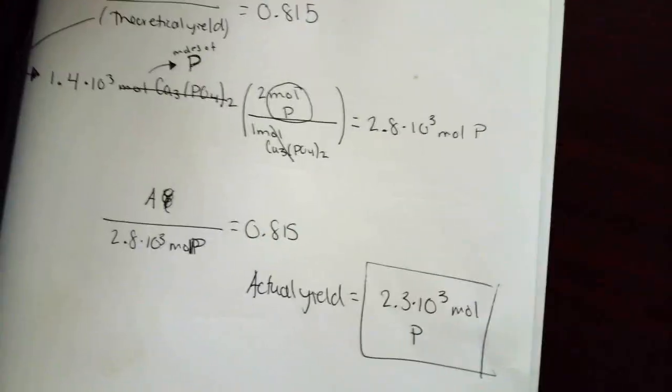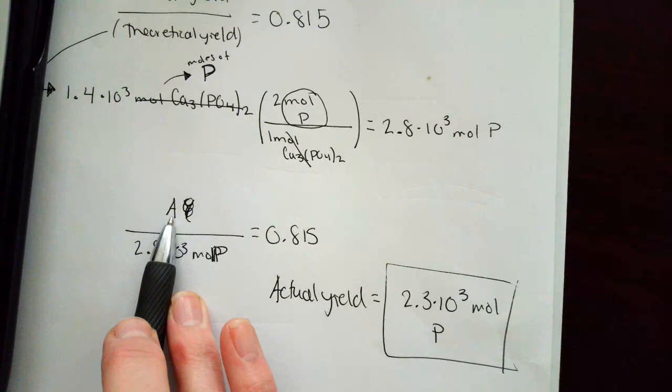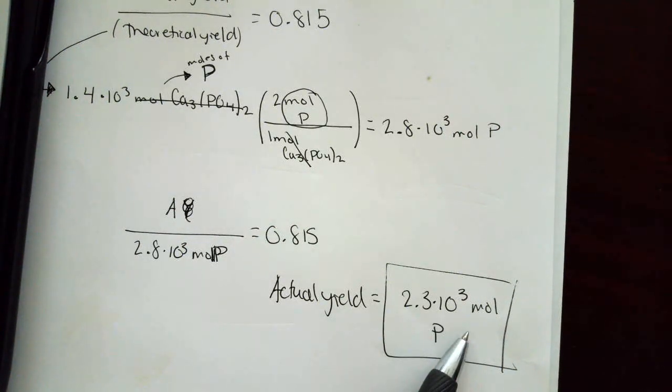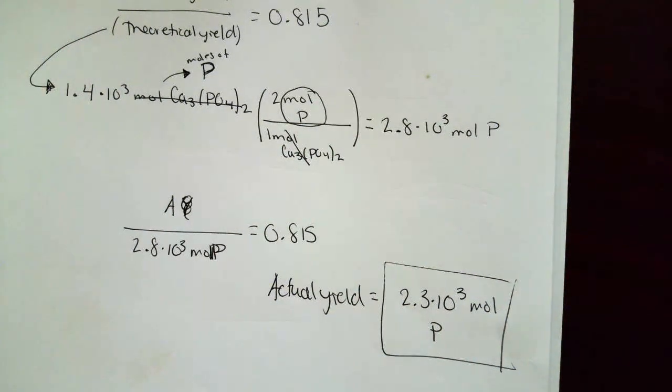So again, I just took this times this to get my actual yield by itself, to get 2.3 times 10 to the third moles of phosphorus. So again, that was 3C. All right, I'm going to stop this and do the next one as a different segment.